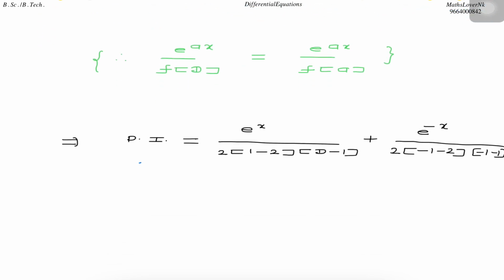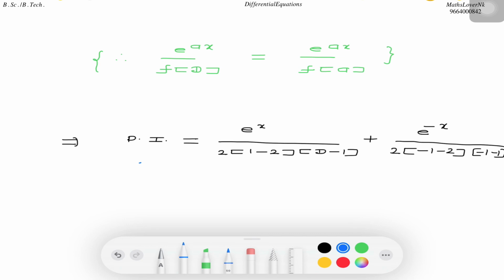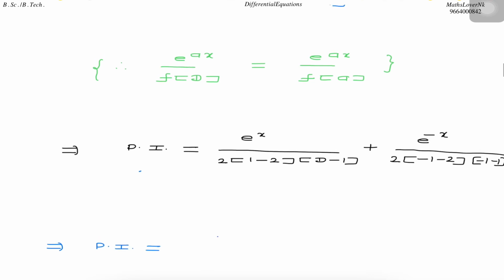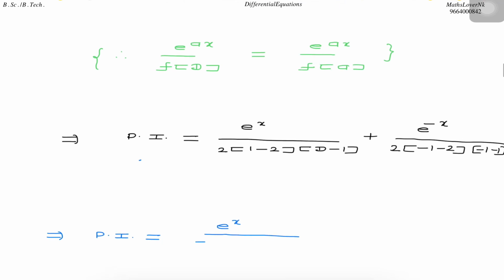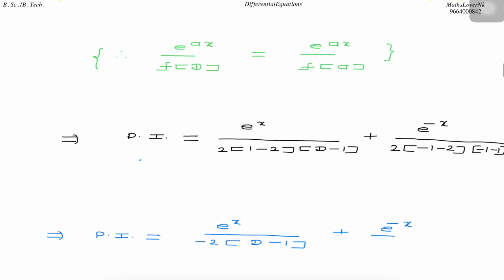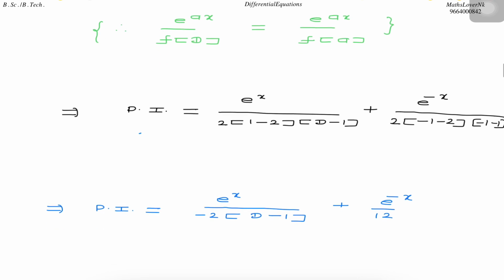Now we solve again. Then we get PI is equal to e to the power x upon minus 2 into (D minus 1), and the second term is plus e to the power minus x, 3 twos are 6, 6 twos are 12, e to the power minus x upon 12.